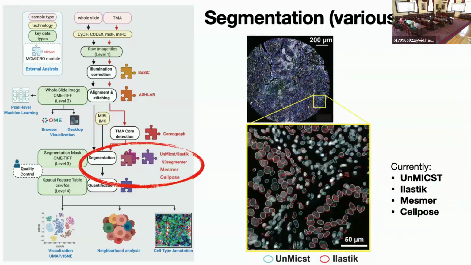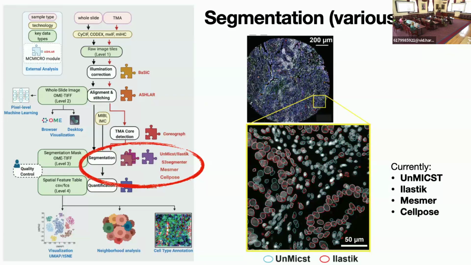And then after we've aligned and stitched and potentially split the TMA cores, we go on to segmentation. This is the case where we want to identify the boundary of all the cells in the image so that we can then do further analyses and quantification on those cells. This is where the multi-choice in MCMICRO comes into play. There were not a lot of great options when we started, so again, we wrote our own.